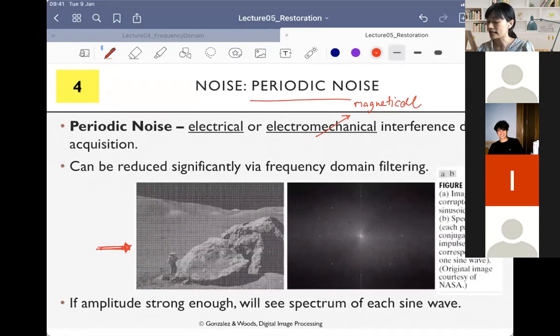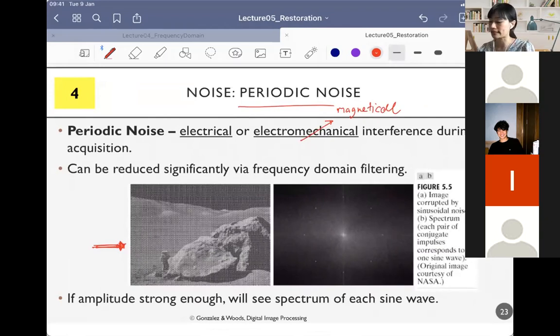But when we talk about periodic noise, most of the time we think about electrical interruption or electrical interference, because, for example, our electricity system is 50 hertz, right? So an image could be interrupted by some electrical components that have some frequency used in electronic devices.